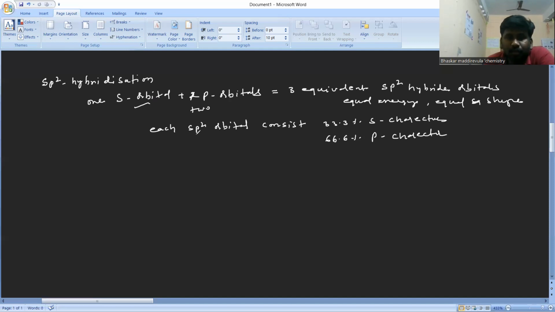So each sp2 hybrid orbital will consist of 33.3% S character, and this is the percentage of P character.